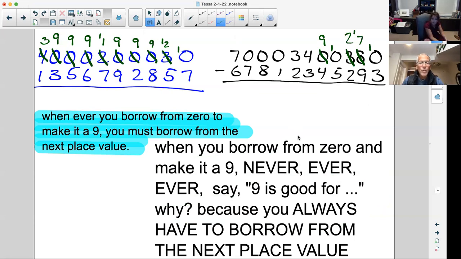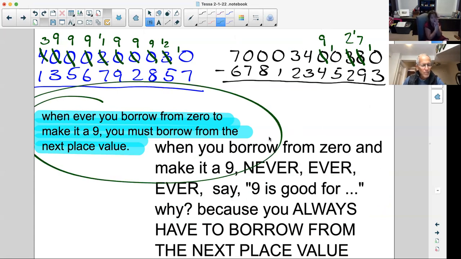Tessa, whenever you borrow from 0 to make it a 9, you have to borrow from the next place value. Tessa, read the rule. Whenever you borrow from a 0 to make it a 9, you must borrow from the next place value.